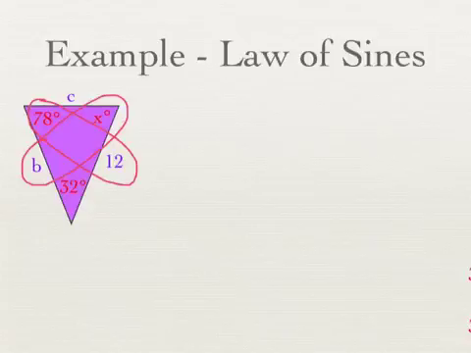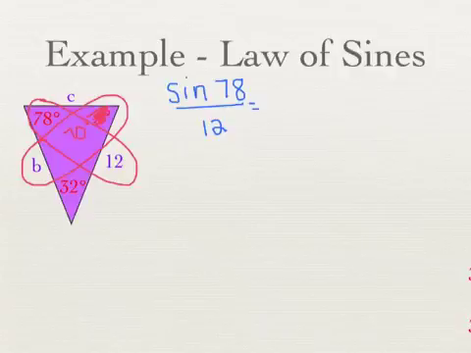Okay, the angles in a triangle equal 180, right? So even though you don't have this angle, you could find it pretty easily. And by easily, I mean you still have to do some math, but no trig. So I would do 180 minus 78 and 32. Okay, and I think you get 70 degrees then for that x. So really this x is 70 degrees. And now I can set up my fraction just like before. So I'm going to say sine 78 over 12 equals, what would my other one look like?